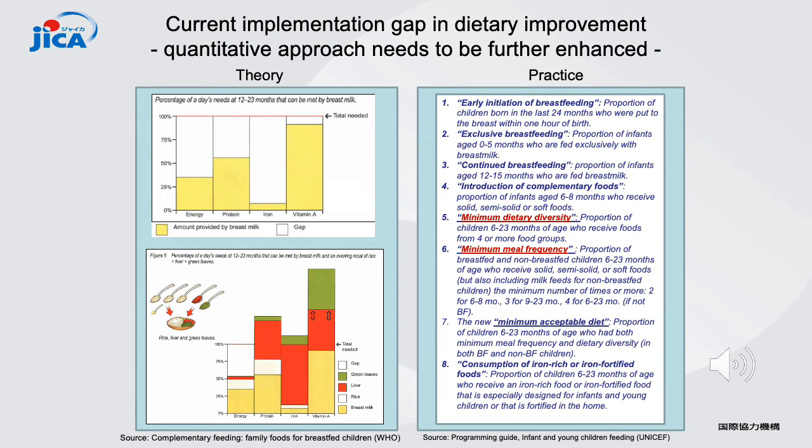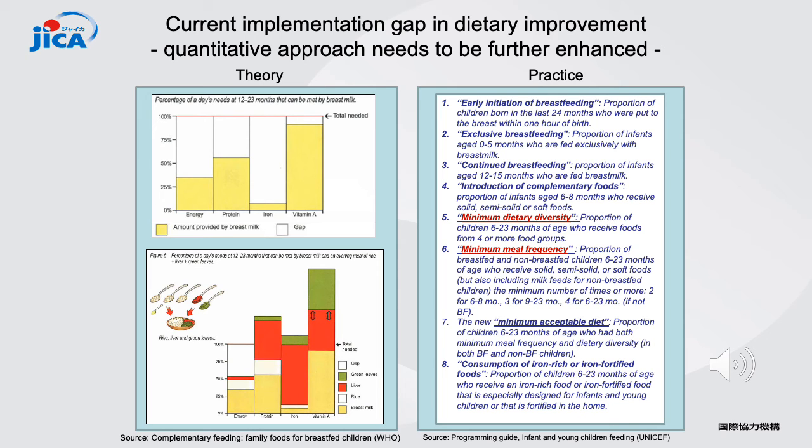Okay, in this slide, we compare theoretical approach in complementary feeding and practical approach in complementary feeding. Theoretical approach is shown in left side box, which is already explained in the previous slides. And right hand side is practical approach developed by UNICEF.